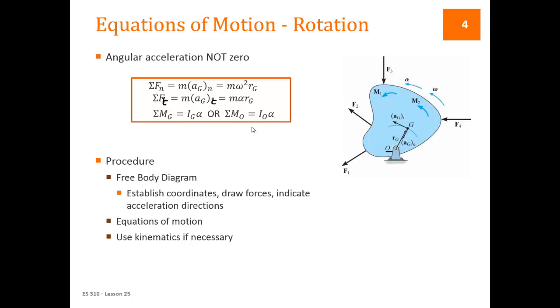The procedure used here was to draw a free body diagram, establish your sets of coordinates, which is how we start every problem, write these equations of motion, these 3 equations, and then use kinematics if necessary to get to the velocities and times.